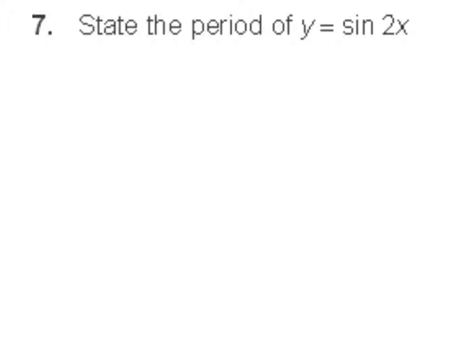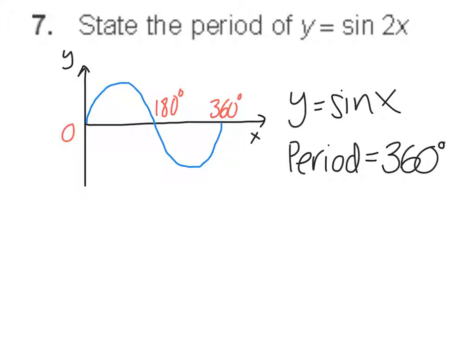Now the graph of y equals sine x, first of all, we'll put that down here. Now this sketch shows one complete cycle of the graph, and we can see that that takes 360 degrees. So that means the period of y equals sine x is 360 degrees. We, however, are looking for the period of y equals sine 2x.